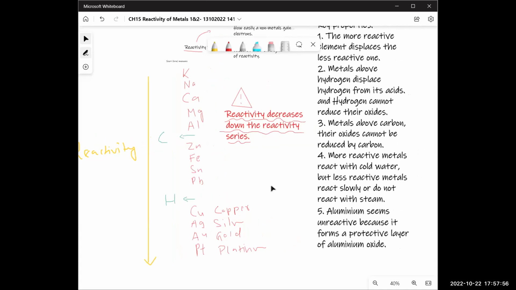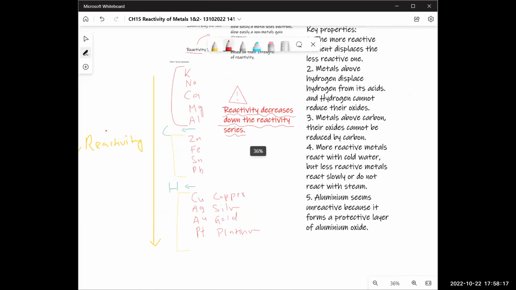One thing we realize from this is that we can divide these into a few groups. So the middle group, the top group, and the bottom group. When we go from top to bottom, the reactivity decreases.